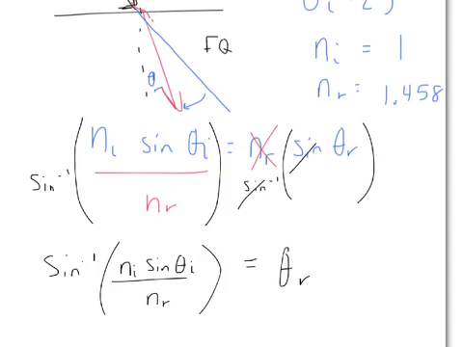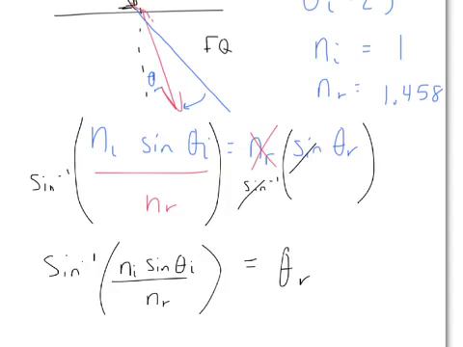Where is your numerator? 1 times sine 25. Now press the second sine. It has to be less than 25, right? And it is less than 25. Anybody having trouble calculating this?